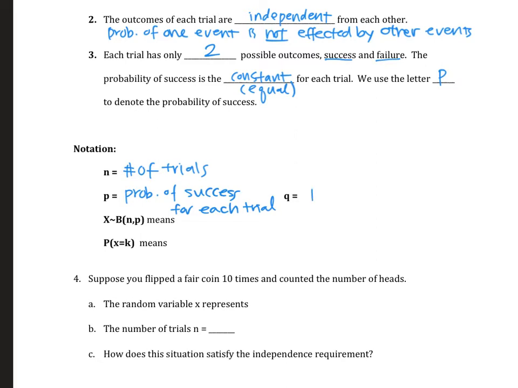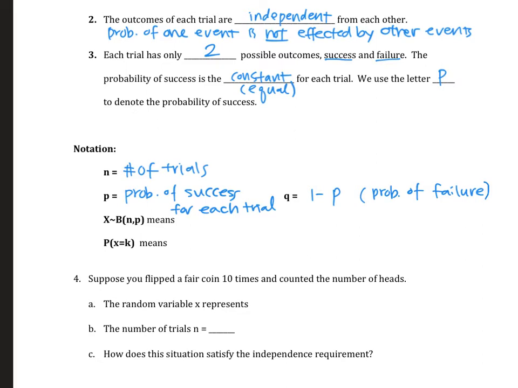It's just 1 minus P. This is the probability of failure. What that means is if there's a 20% chance that I test positive, there's an 80% chance that I test negative. They always add up to 100%. That's why it's 1 minus P, or you can think of it as 100% minus P.